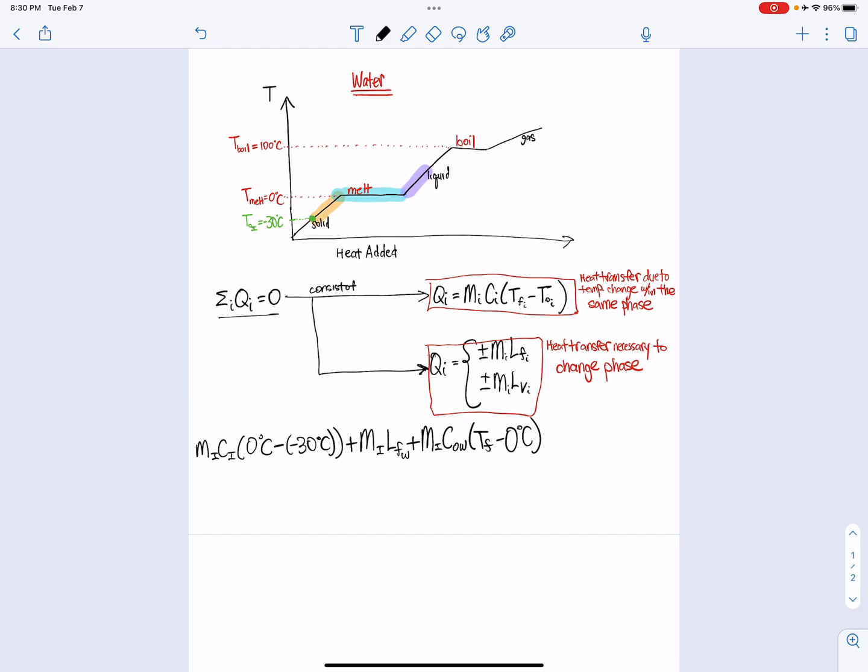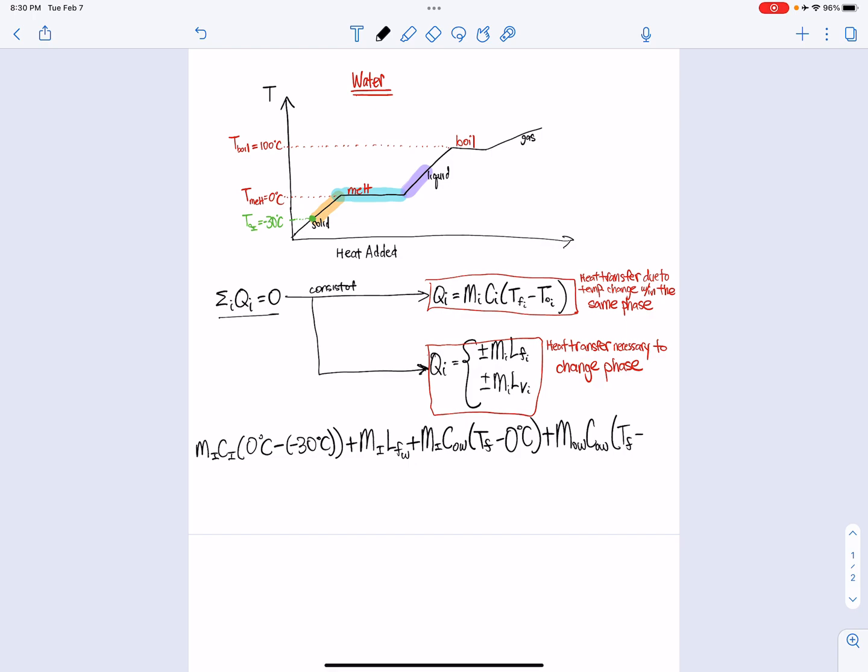Okay, so then we add, this time for the ocean water. The ocean water doesn't experience a phase change because it was already water, it's liquid, and it stays liquid. So we just use the formula for the heat transfer due to temperature change within the same phase, right? It stays as a liquid. So plus mass of ocean water times specific heat of ocean water multiplied by the change in temperature, which we don't know what the final temperature is, so we'll call it TF.